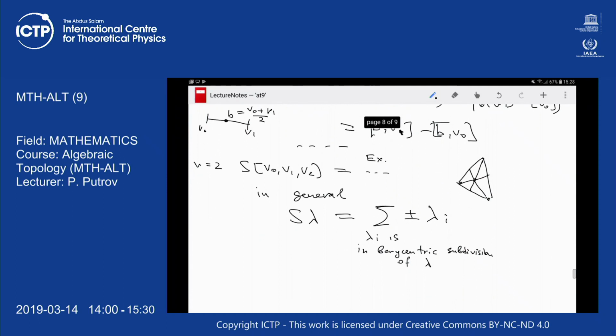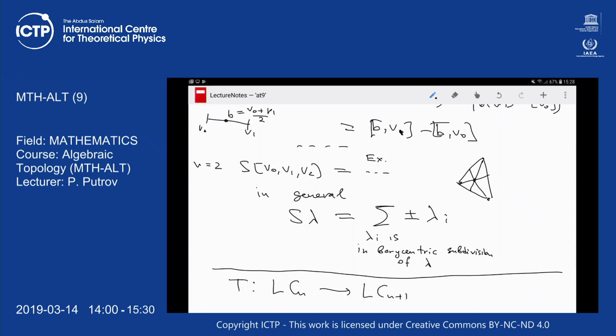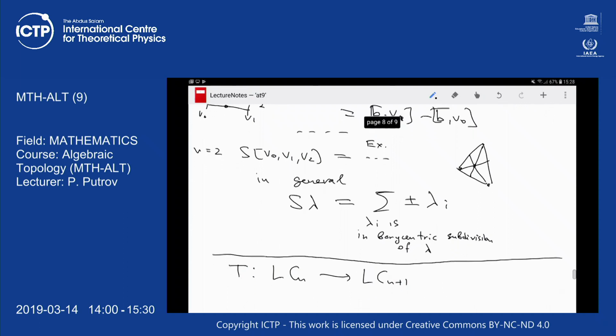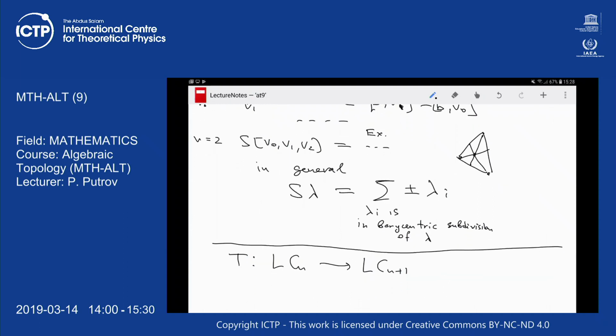Okay. So again, as an overview, the proof is very long, so we still have to continue. The other operator which we want to define will act from LCM to LCM plus 1, and we denote it by T. And again, we define it inductively with respect to n.